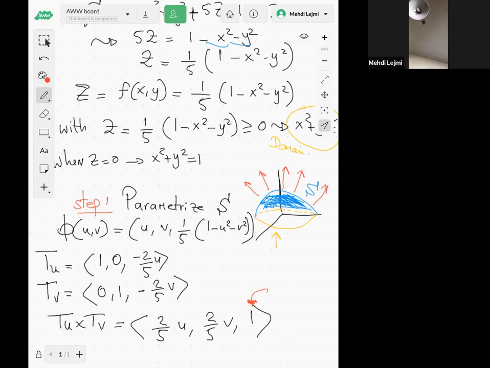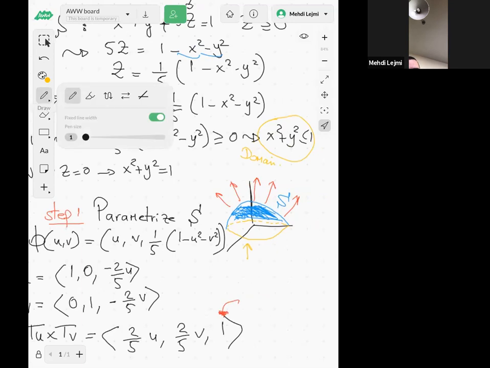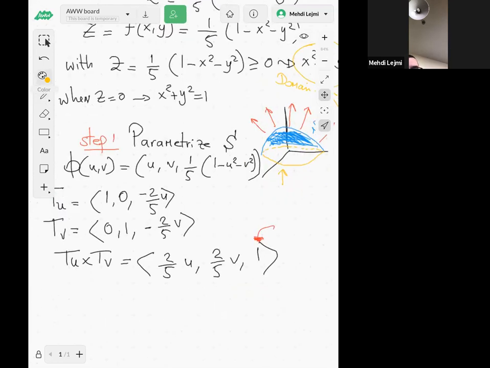So your vector is pointing upward. And I forgot to say the domain: it's x squared plus y squared less than or equal to 1, so u squared plus v squared is less than or equal to 1. So the domain is the unit disk here.